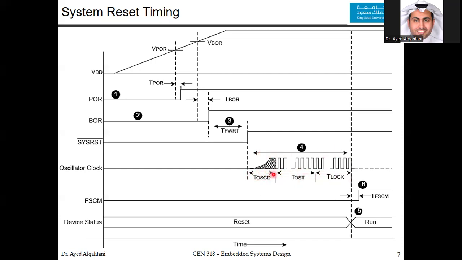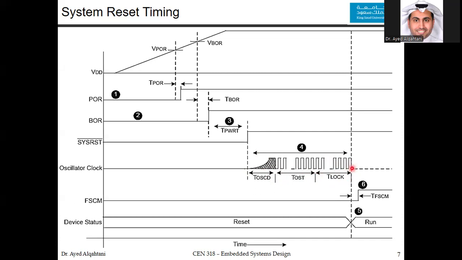A mandatory delay before the shaping of the oscillator, another 2 to the power of 10 clock cycles to stabilize the clock, and then after that, more clock cycles that you need to wait for if you use the PLL.